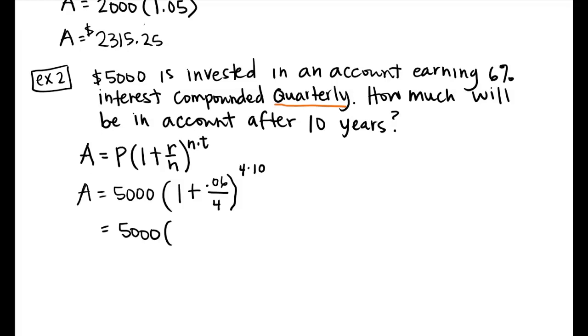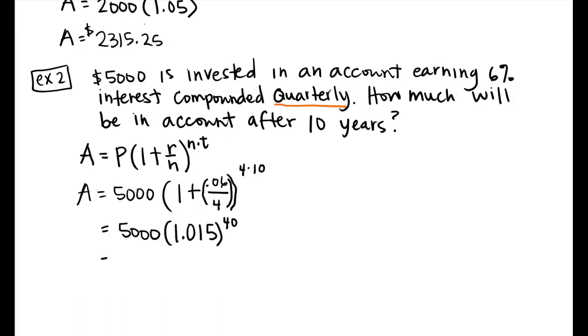All right, and if you are putting it into your calculator just like this, you'll have to have a separate set of parentheses around that to show that you want to divide that first before adding 1 to it. Okay, but when you do that, you should get 1.015, and then multiply the 4 times 10, so it's going to be to the 40th power.